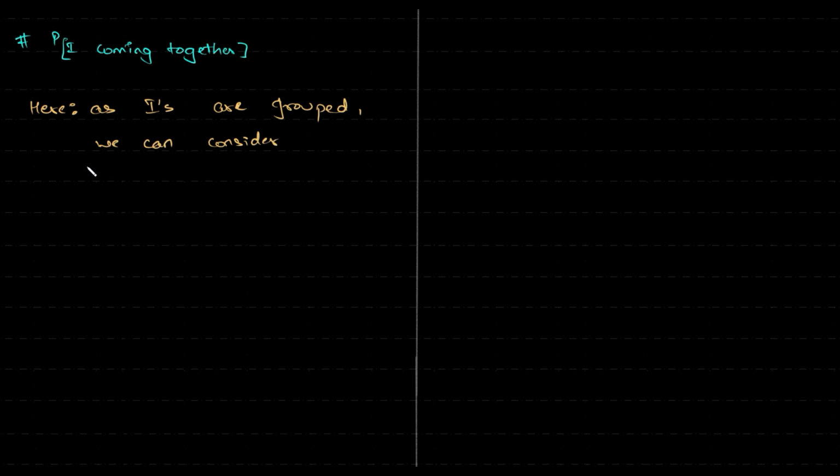We can consider, this is very important, 11 minus 4, because there are 11 letters in total, 4 are I's, but I as a group will be 1. So there are so many groups. Basically this is the non-I's and this is all the I's as a single group.